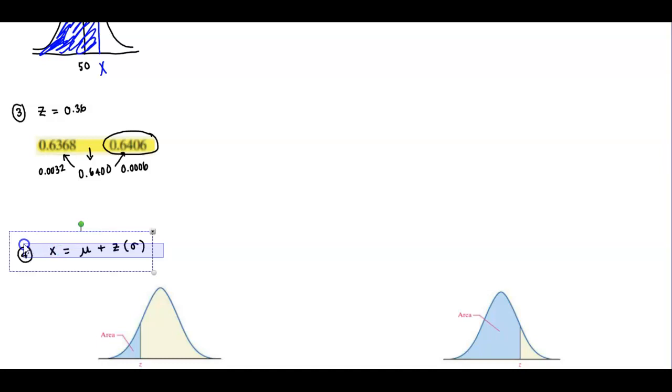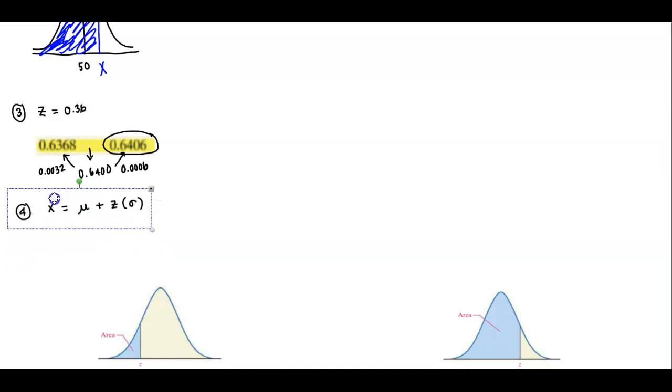Now that we have that, we can figure out the value of x. Recall that x equals the mean, which is 50, plus the z-score, which is 0.36, times the standard deviation, which is 7.